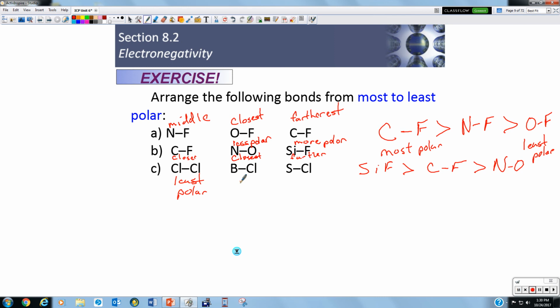BCl. All right. So BCl is the most polar. When we write this one, it's going to be BCl is greater than SCl is greater than ClCl.